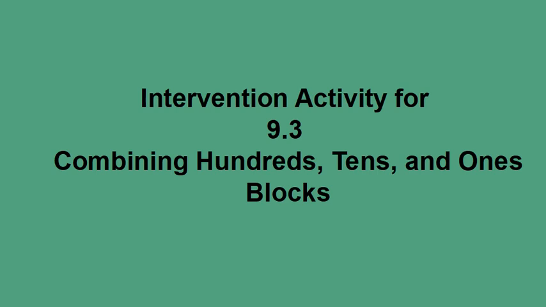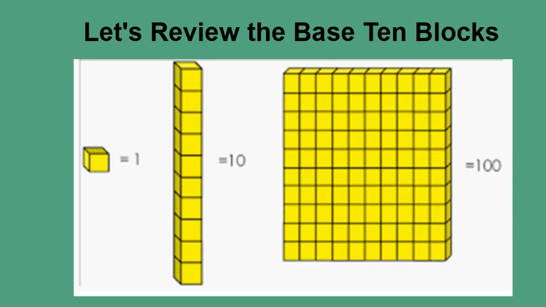Okay, so this is the first intervention activity for 9.3, combining hundreds, tens, and ones blocks. Let's review the base 10 blocks before we get started though. I'm going to go from left to right. Here I have the single cube all by itself, just the one. So one cube, or one block, represents one.